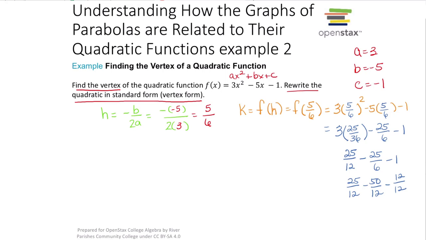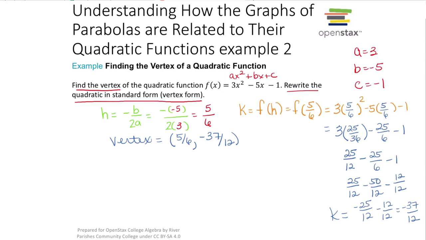So 25 minus 50 would be negative 25, and negative 25 minus 12 is negative 37 twelfths. So k equals negative 37 twelfths. So my vertex is h, which is 5 over 6, comma, negative 37 over 12.